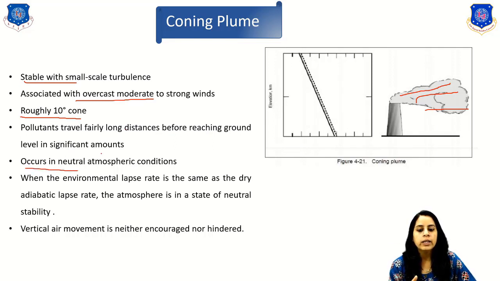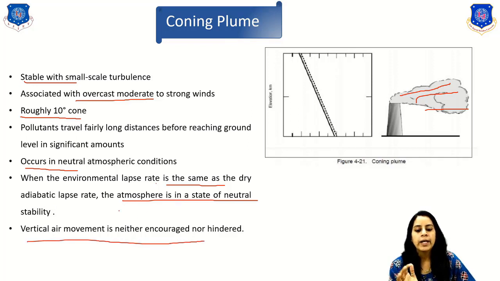It occurs in a neutral atmospheric condition because here you can see that both lines are the same, right? When the environmental lapse rate is the same as the dry adiabatic lapse rate, the atmosphere is in a state of neutral stability. The vertical air movement is neither encouraged nor hindered, right? On this screen you can see that the environmental lapse rate and the dry adiabatic lapse rate are the same.